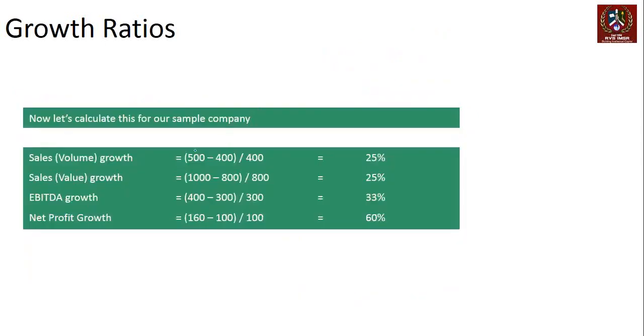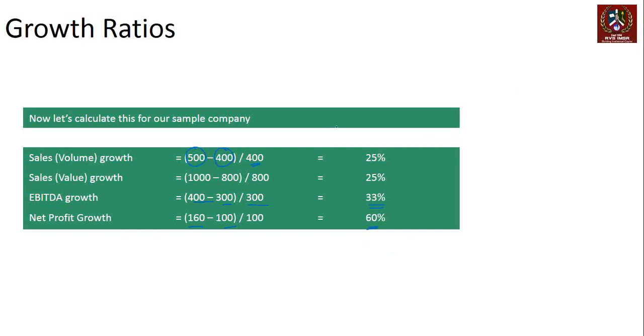Sales volume growth, 500 units minus 400 units divided by 400 units is 25%. Sales value growth is also 25%, which logically means that price has not grown. EBITDA growth is 400 minus 300 by 300, that's 33%, and net profit growth is 160 minus 100, that's 60%. So profitability growth has been faster.